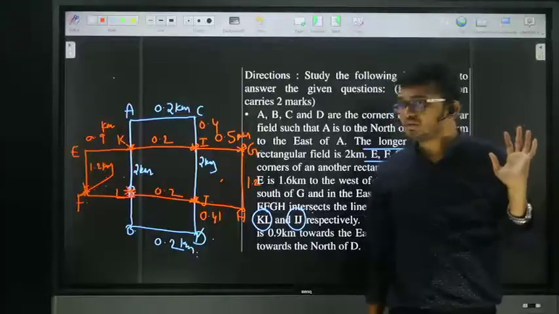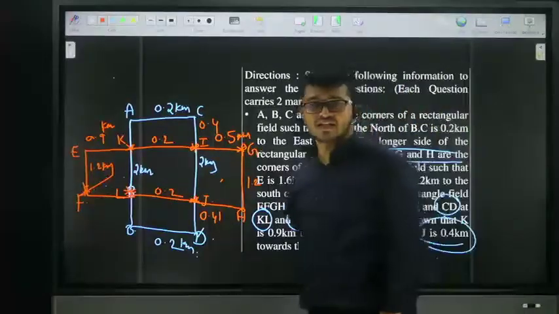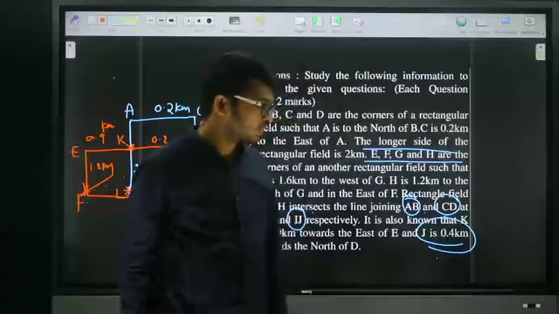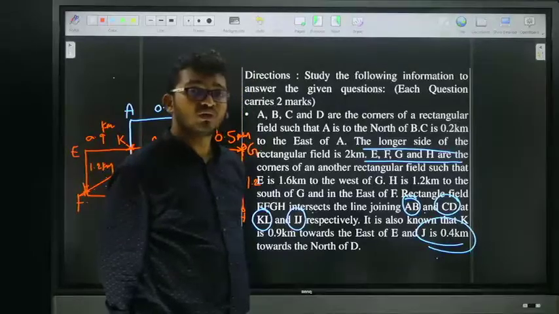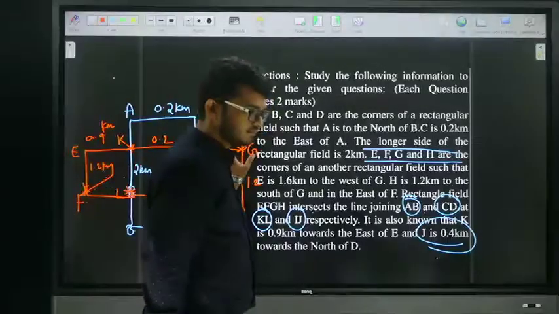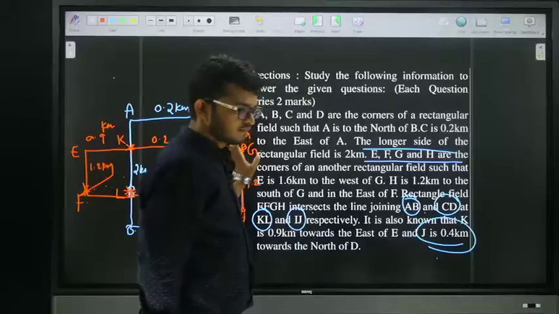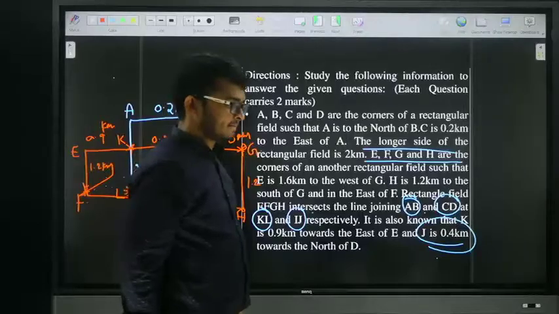Yes or no? Vasudev, no. Next, remaining persons, no doubt. Next, Angela, no doubt. Friends, remaining those who are watching, in this question, is there any doubt? Yes.